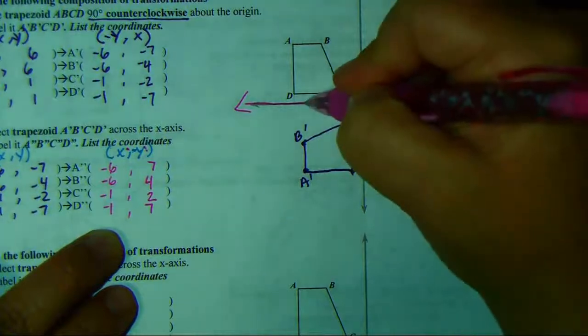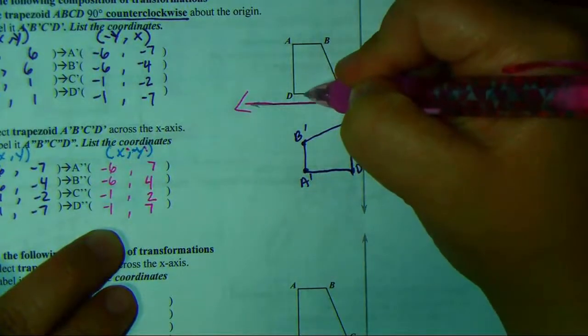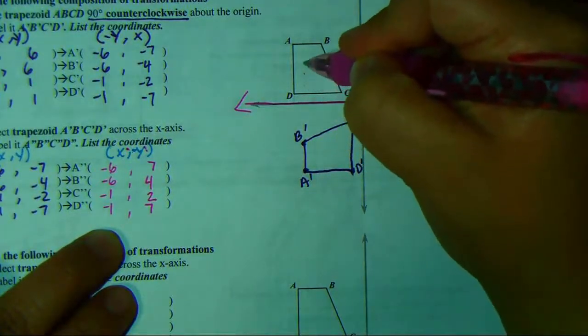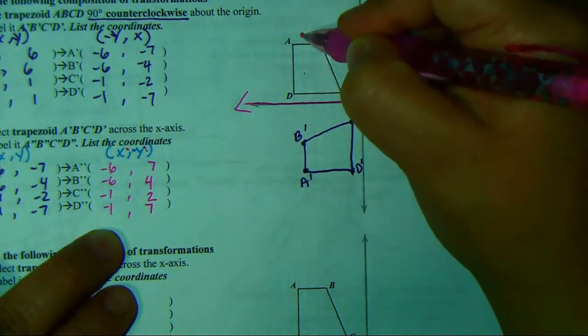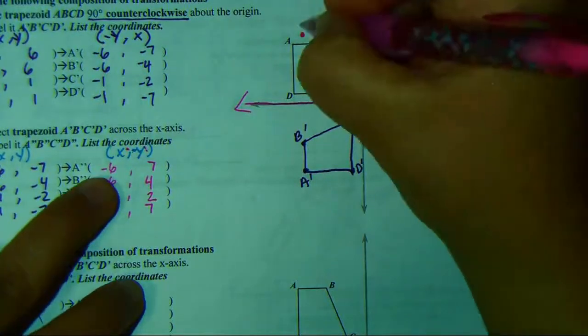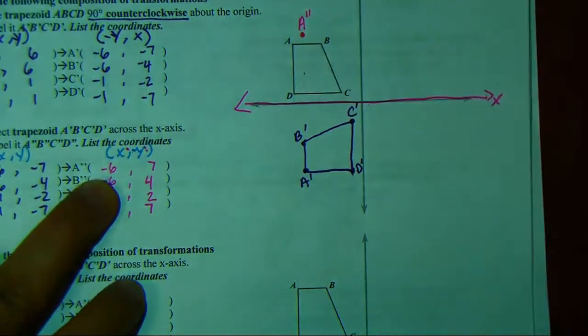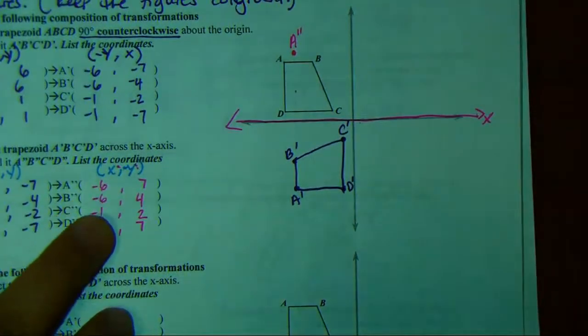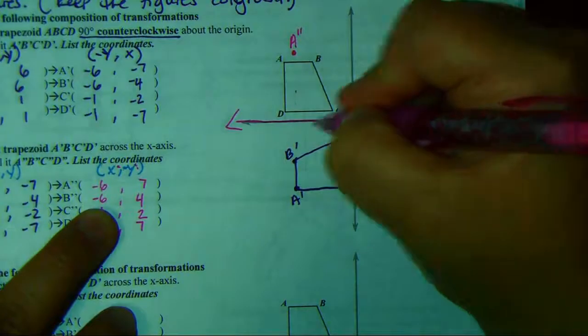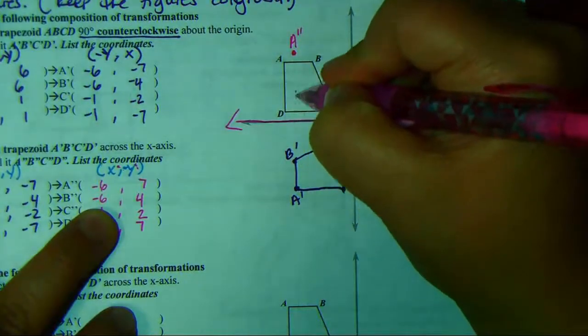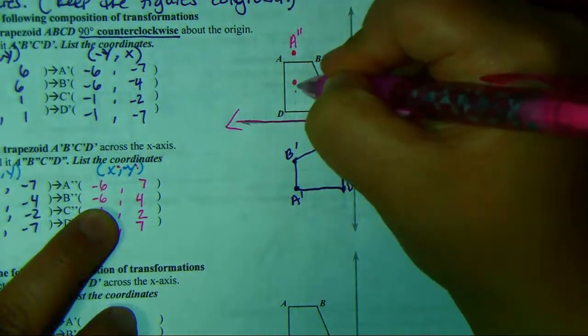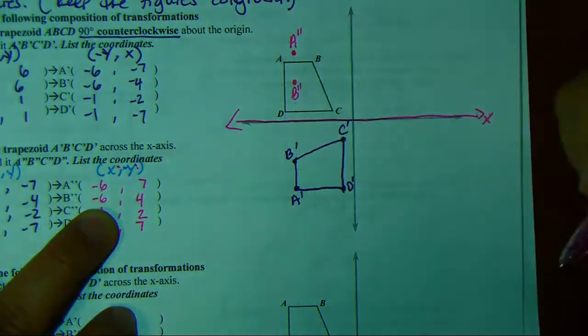So I have -6 and +7. So 1, 2, 3, 4, 5, 6, 7. This is going to be my A double prime. Okay, my B double prime will be at -6 and 4. So -6 and 1, 2, 3, 4. Here is my B double prime.